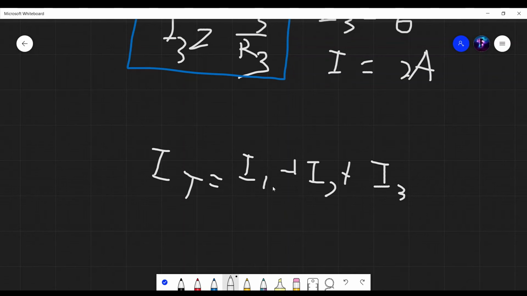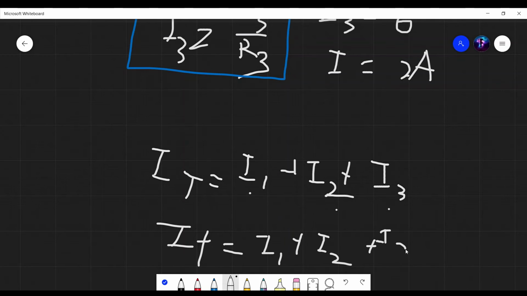Now sometimes you don't have I1, I2, or I3. It can be smaller, like IT equals I1 plus I2, or it can be like plus I3 plus I4. It doesn't matter. You're just going to add all the amps up.